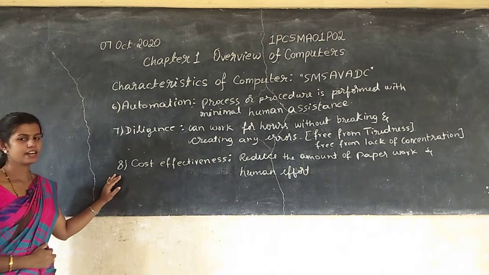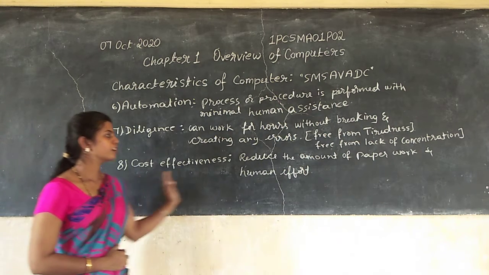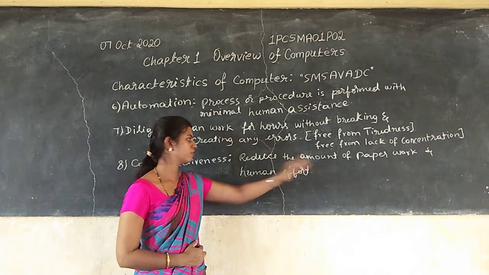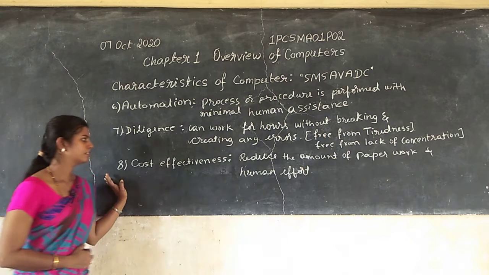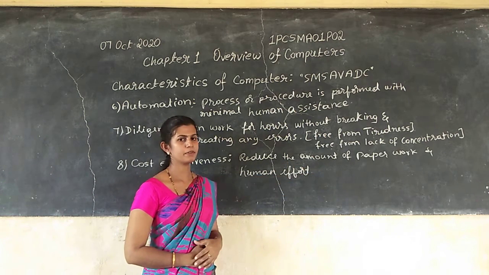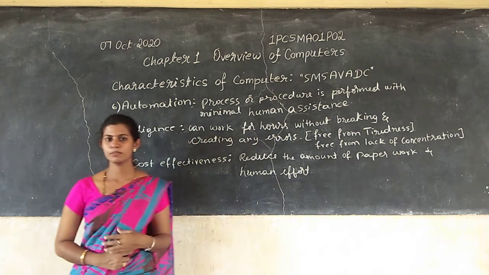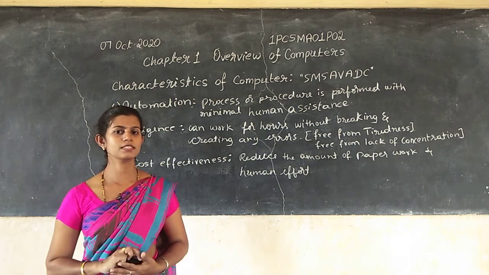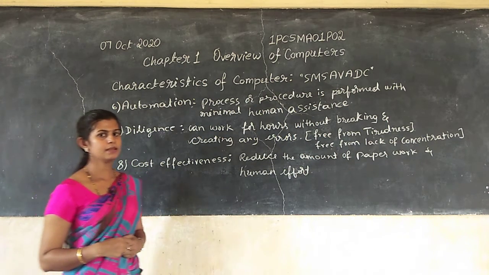The next characteristic is cost effectiveness. Computer reduces the amount of paperwork and human effort. For example, for solving complex problems or scientific problems, it doesn't require any paperwork.